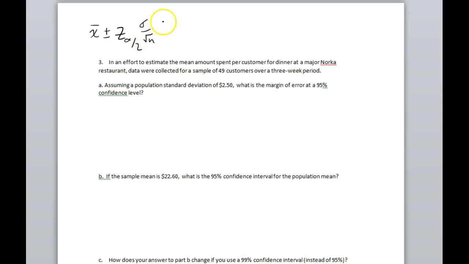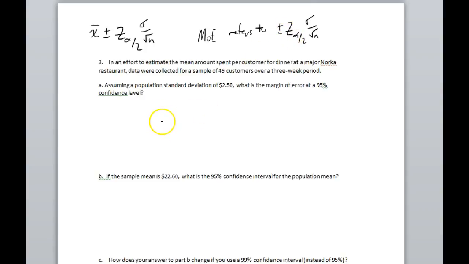If we define it like that, then the margin of error, the MOE, refers to just the plus or minus z of alpha over 2 sigma over square root of n part. That's our margin of error. So we're deviating from sigma x bar in that regard, okay?